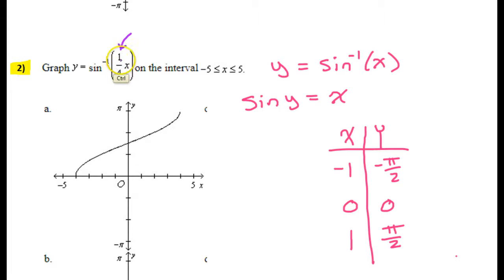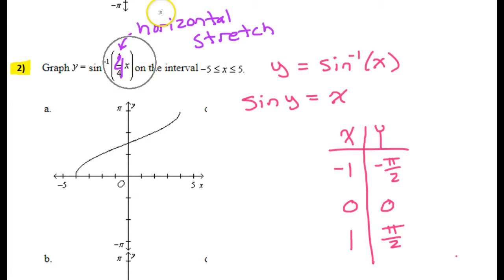If the number is less than 1, it's actually a horizontal stretch. If this number had been like just a 4, then that would actually be a horizontal compression.